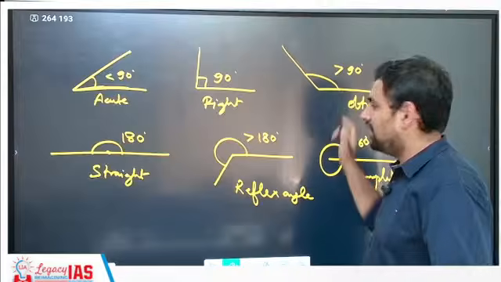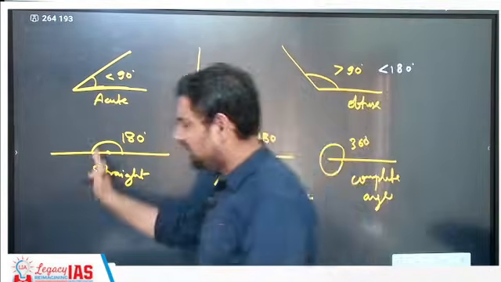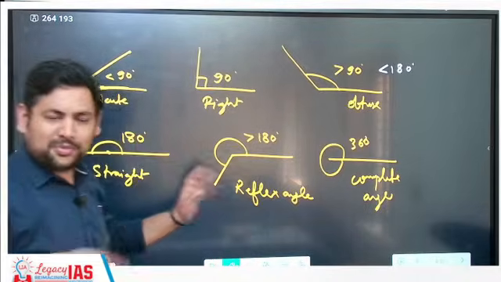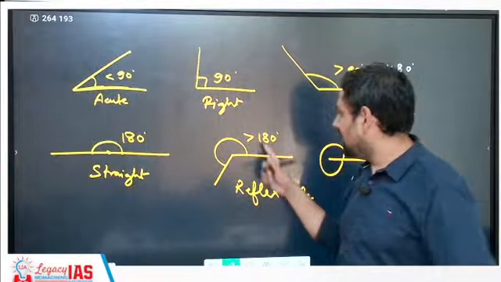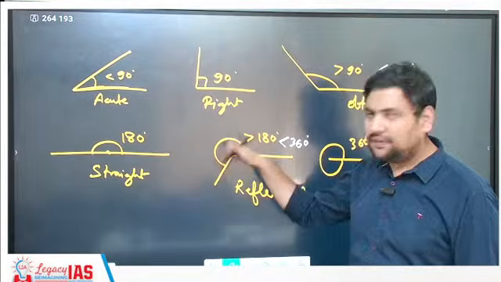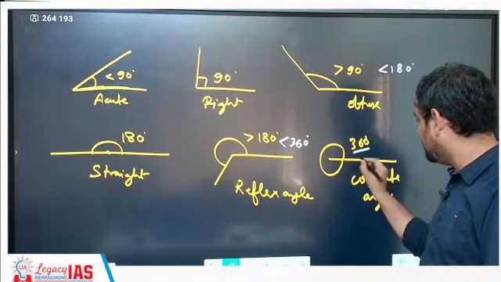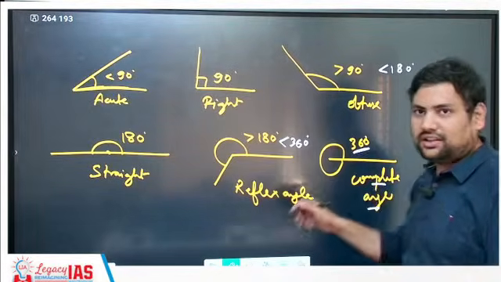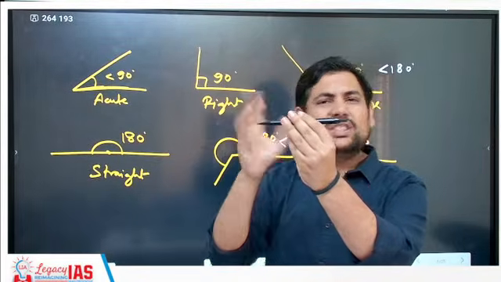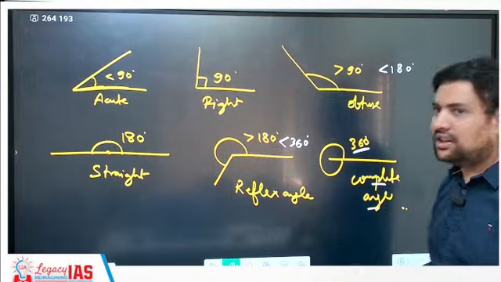This is called obtuse angle, that is greater than 90 and less than 180°. Then you have straight angle, which is exactly 180 degrees. Then you have reflex angle, which is greater than 180 but less than 360 degrees. Last is the whole angle or complete angle, which is 360°. That is, you start from here and you come back exactly here. So this is equivalent to 0 or 360, whatever you call it. If you call it 360, this is a complete angle.